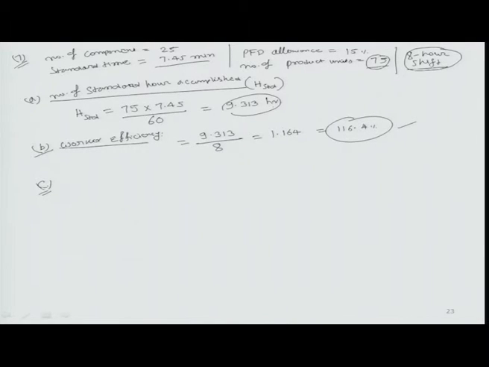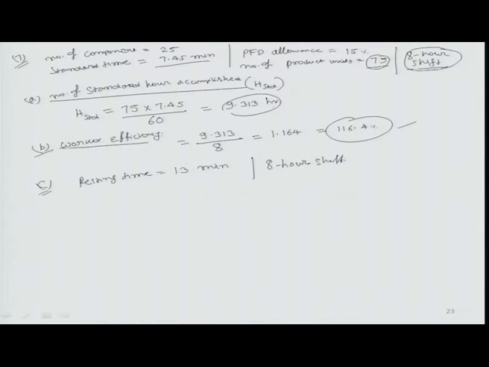Now we will move to the third part. What is the question saying? If the worker took only one rest break, meaning resting time is equal to 13 minutes, and experienced no other interruption during an 8-hour shift, then determine the worker performance.